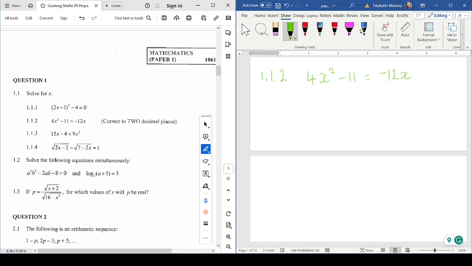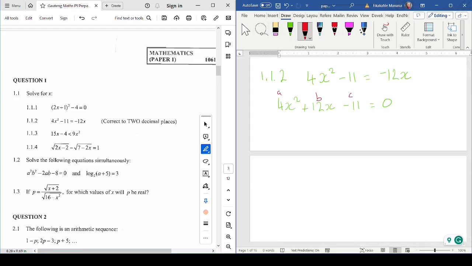Well, just going to rearrange this. 4x squared, I'll put it in the normal order. This minus 12, I'll bring it on the other side so that it becomes plus 12x, and then minus 11 stays on this side. So once again, that's A, that's B, and that's C.